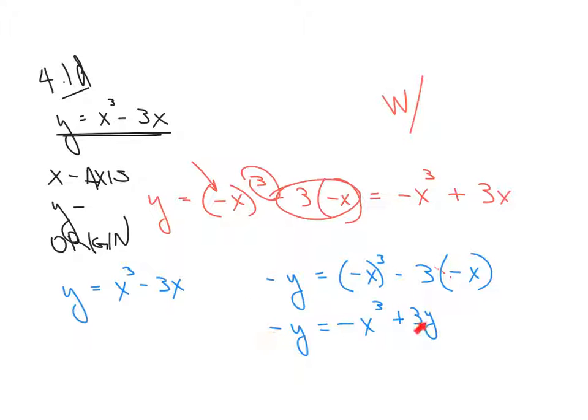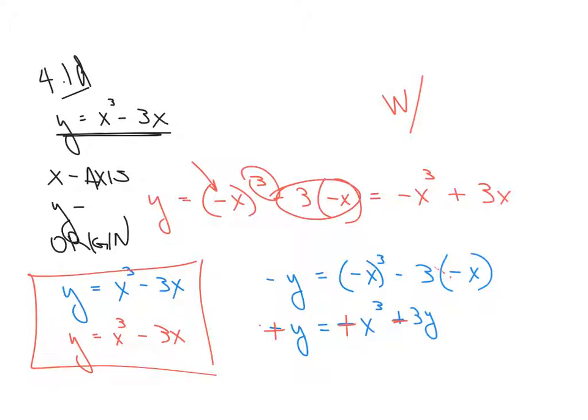Okay? I can legally, mathematically legally, change the sign of this to y if I change every other sign. So I'm going to do this in red. I'm going to change that to a plus, change that to a plus, and change that to a negative. I can do that. And that gives me y equals positive x cubed minus 3x, which is the same as our original.